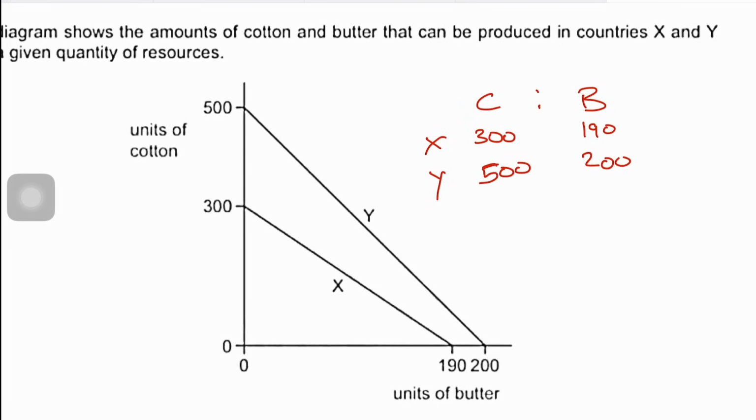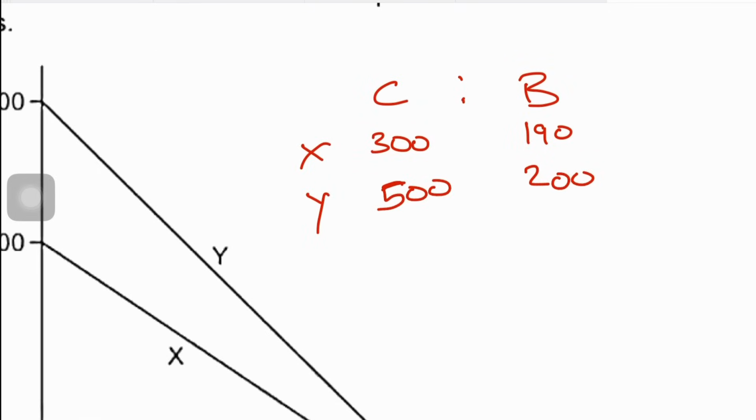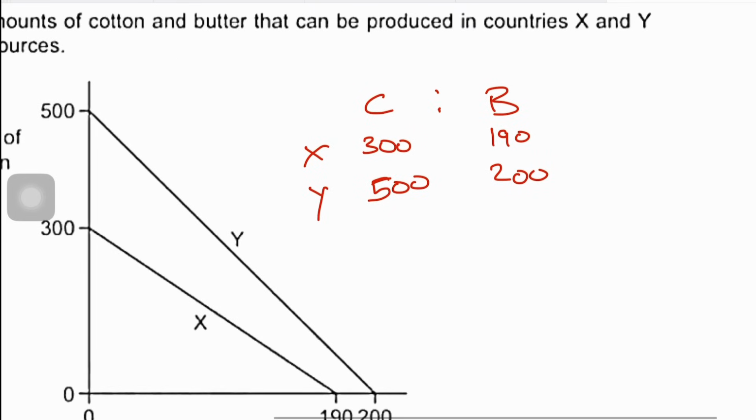So if we calculate the opportunity costs, the opportunity cost of 1 unit of butter for country X would be 300 over 190, that is, about 1.6 cotton. So for every 1 butter country X makes, it forgoes 1.6 cotton.